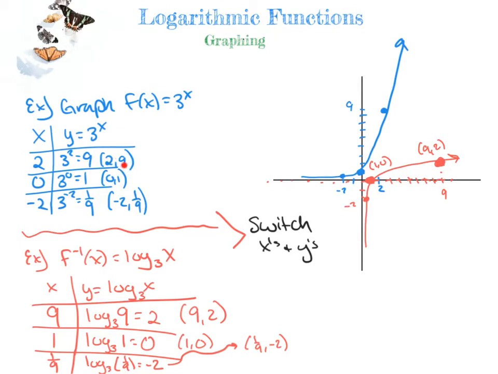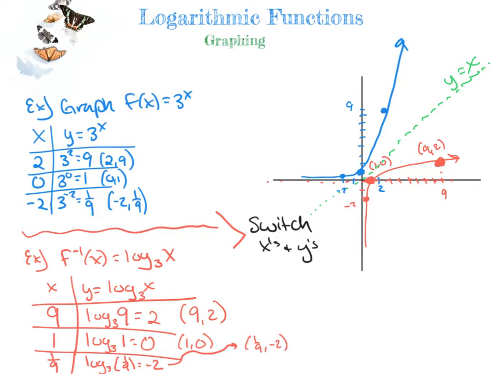You can do it with ordered pairs: x and y get switched from the regular function to the inverse function. And you can do it graphically. Graphically, switching your x's and y's creates a reflection around the line y equals x. So the blue curve and the red curve are reflections of one another around the line y equals x.